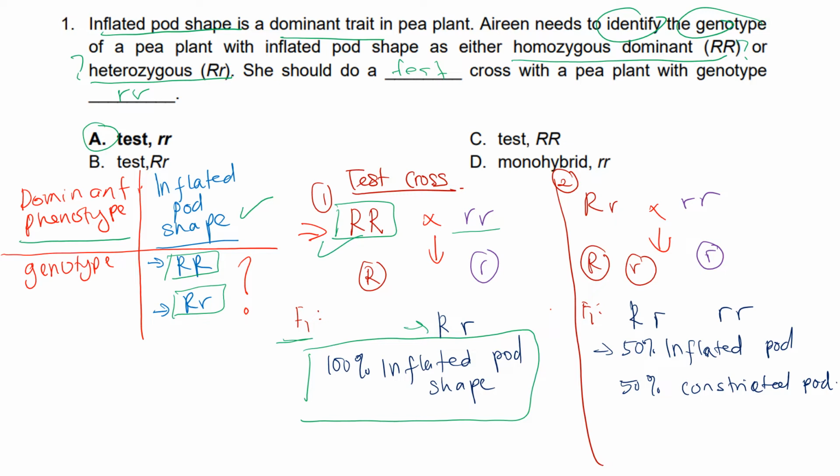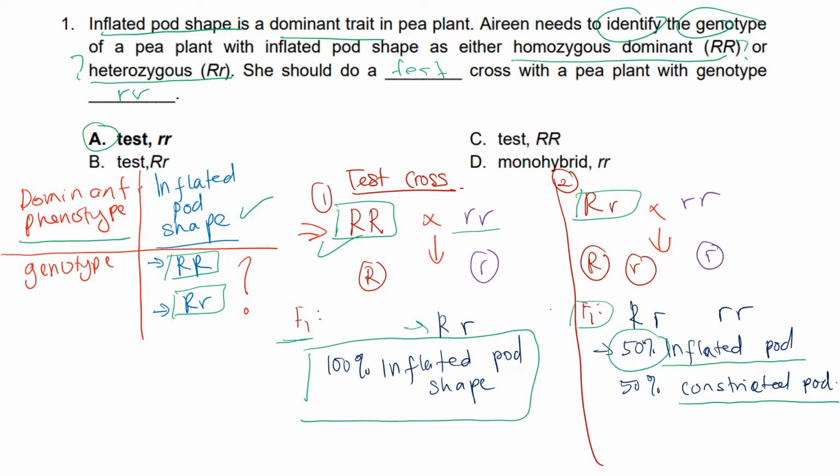But if the unknown individual is heterozygous and you cross with homozygous recessive, there are two outcomes for the phenotype of F1. Half of the F1 population will have inflated pod shape, and the other half of the F1 population will exhibit constricted pod shape.